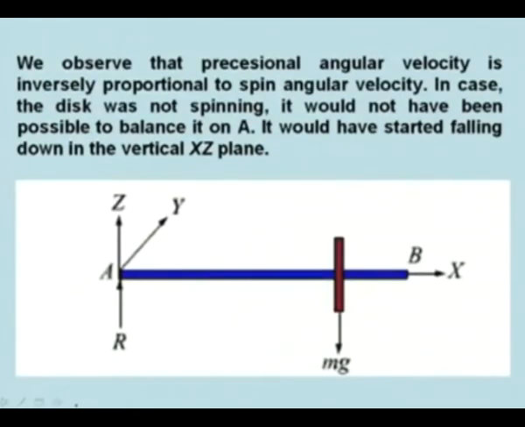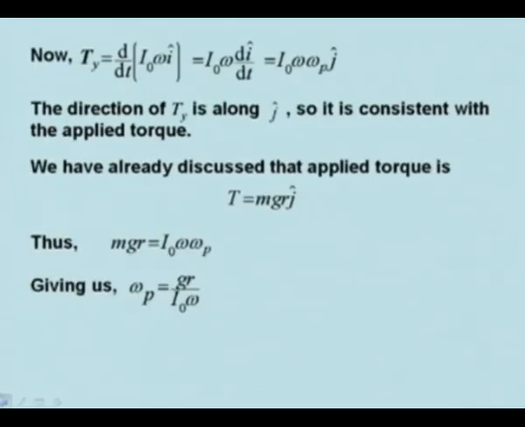So we observe that the precessional angular velocity is inversely proportional to the spin angular velocity. That means if the rotor is spinning at a very high speed, then it will not precess that fast.